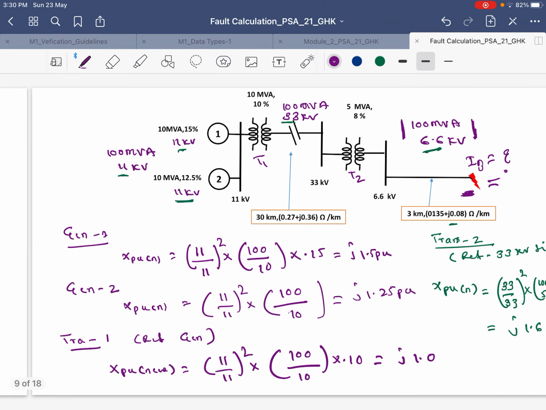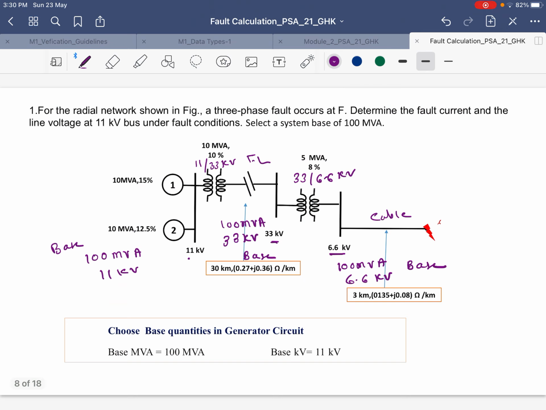The next thing he asked is to determine the fault current and the line voltage at L1 kV. Line voltage at L1 kV means, during the fault, what is the voltage at this particular bus.